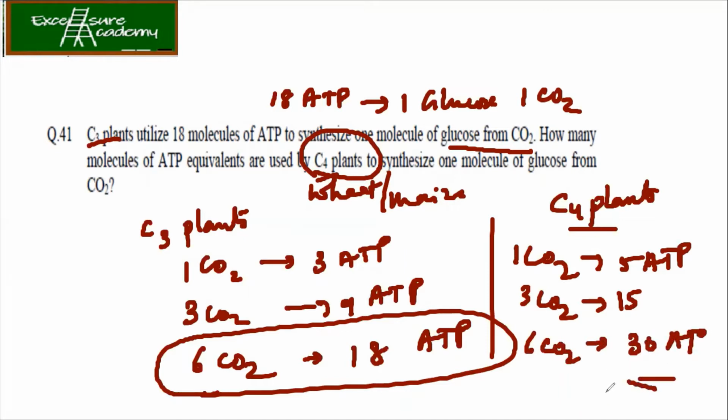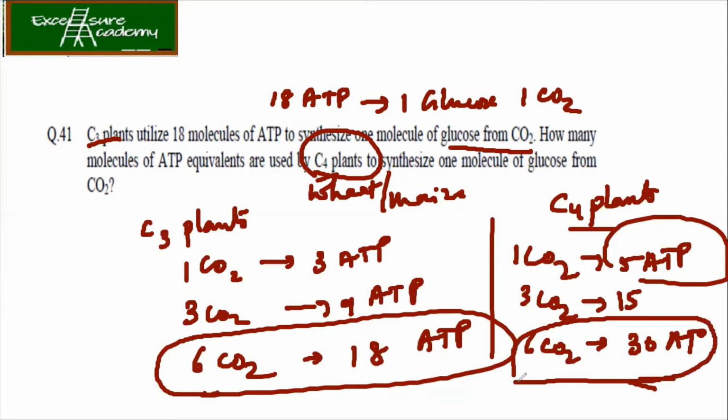If you know that in C4 plants, from one CO2 molecule 5 ATPs are required, then you can calculate how many ATPs are required to synthesize one molecule of glucose from CO2. From this, we understood that we need around 30 ATPs and 6 molecules of CO2 to synthesize one molecule of glucose.